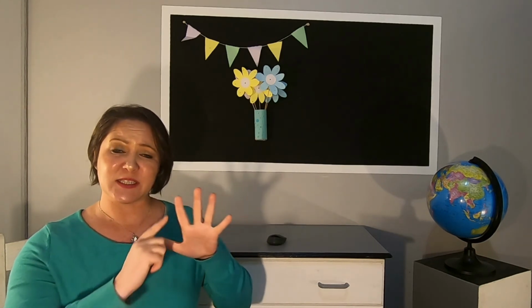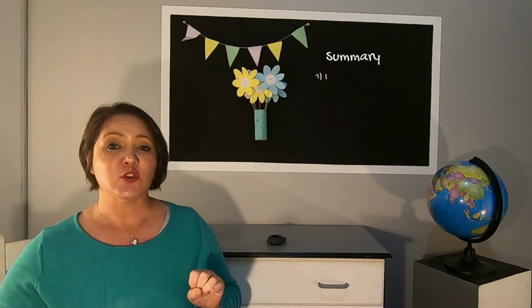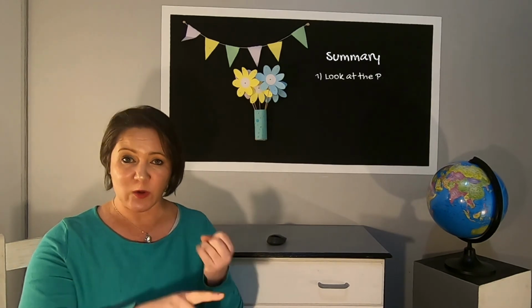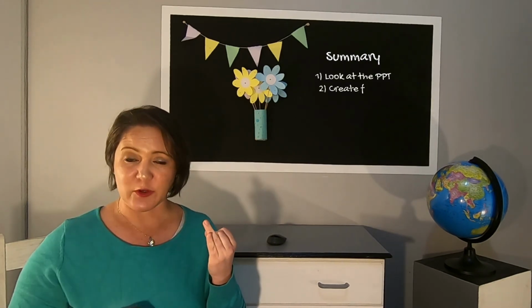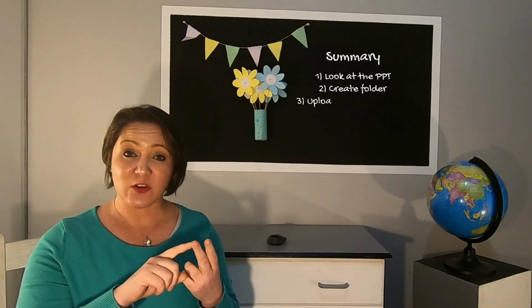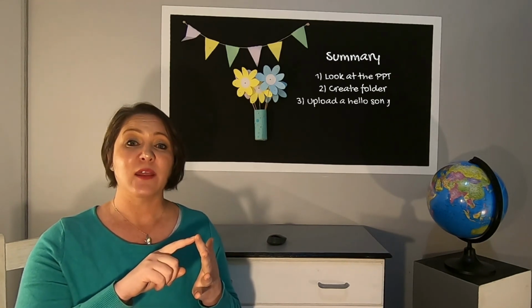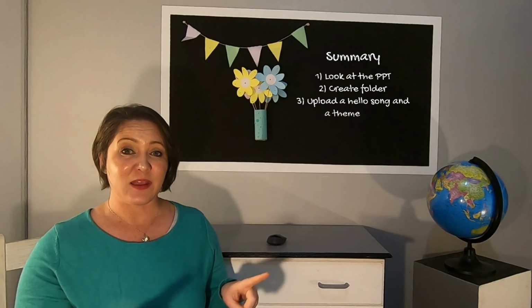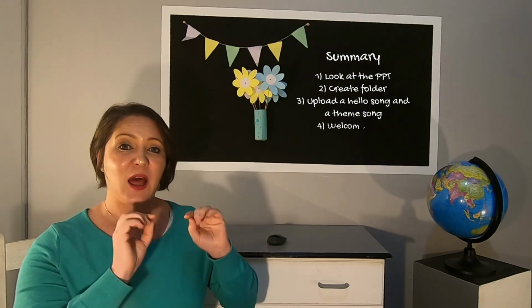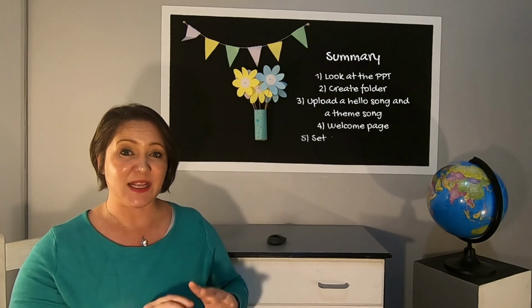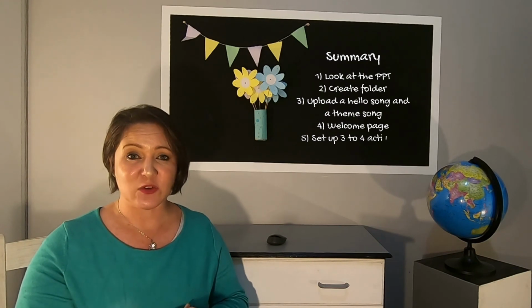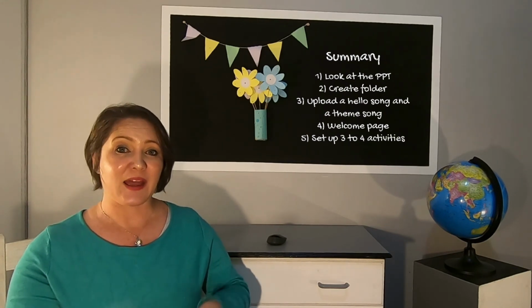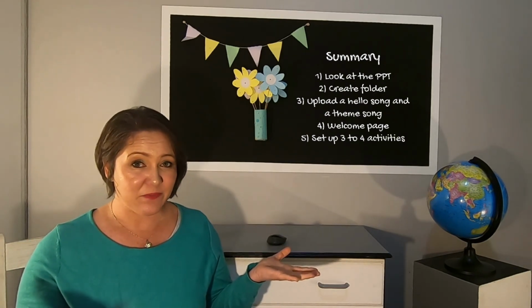So let's quickly just summarize what we've done in Classin. So we looked through the PPT, we created a folder, we uploaded a hello song and a theme song, then we set up the welcome page. I set up and created at least 3 activities and an additional extra time activity, and then you're done.